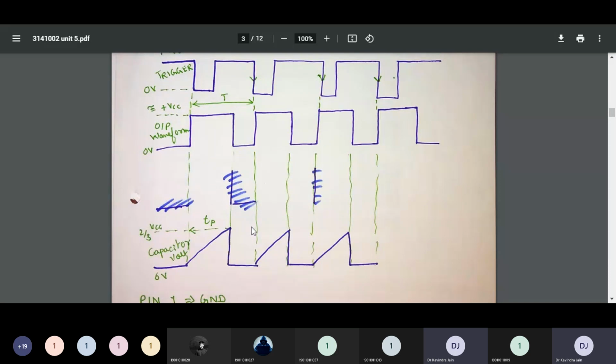So it can be used as a frequency divider by adjusting the length of TP with respect to capital T, the trigger input signal.